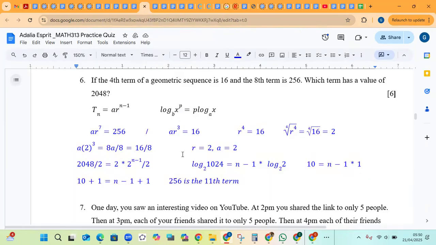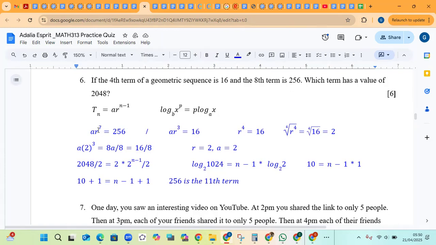So here we identify that we have to use two formulas: the nth term formula for a geometric sequence and the power rule for logs, because we want to solve for n. Now, the first information says the fourth term is 16 and the eighth term is 256.